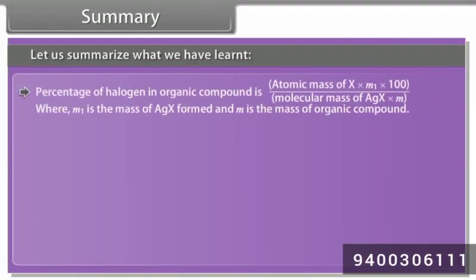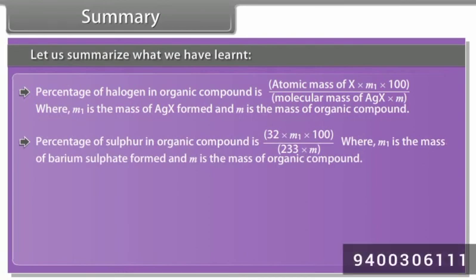Percentage of halogen in organic compound is atomic mass of X × M1 × 100 / molecular mass of AgX × M, where M1 is the mass of AgX formed and M is the mass of organic compound. Percentage of sulfur in organic compound is 32 × M1 × 100 / 233 × M, where M1 is the mass of barium sulfate formed and M is the mass of organic compound.